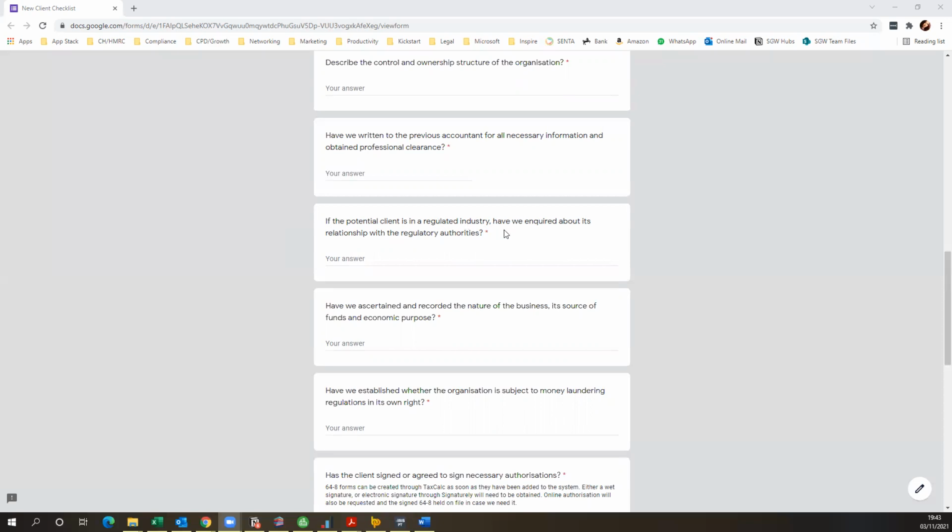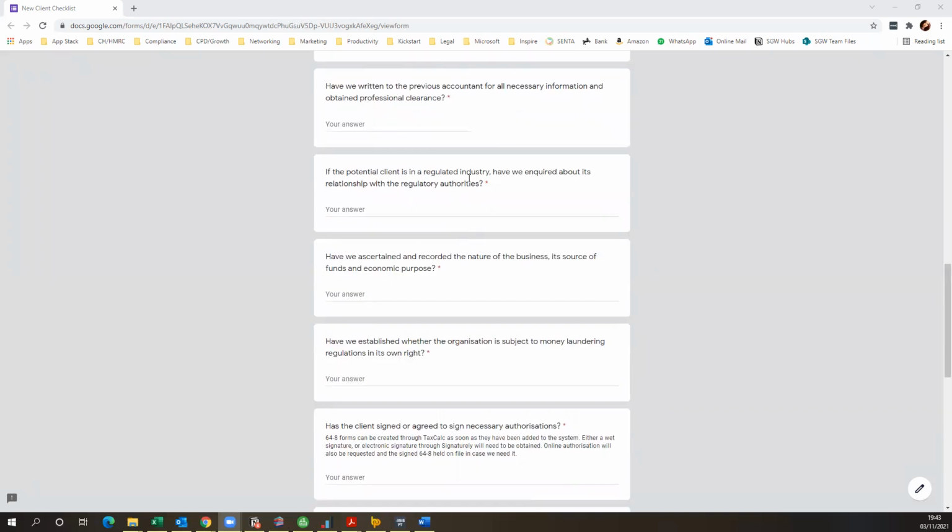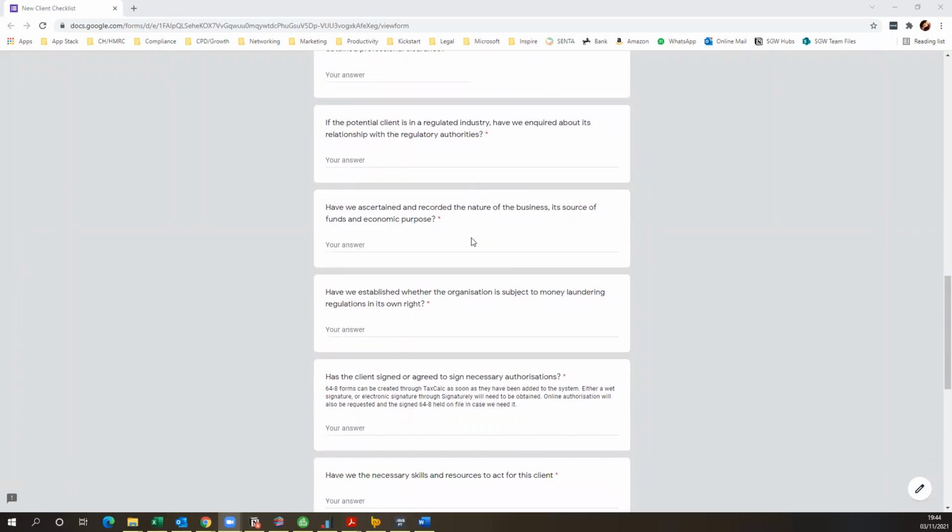I can't remember what it's called. And then rentals and estate agency are all regulated. So it's just finding out whether they've got a good relationship with their regulatory bodies.